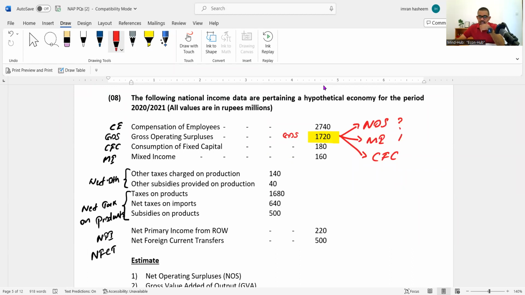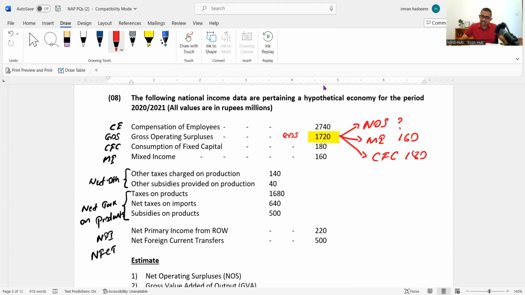Mixed income is 160. I started by saying if you look at the values, it might make sense. 1720, so 160 can very well be inside this 1720. And then consumption of fixed capital 180. Even if you add these two things, still, the answer is not going to add up to 1720.